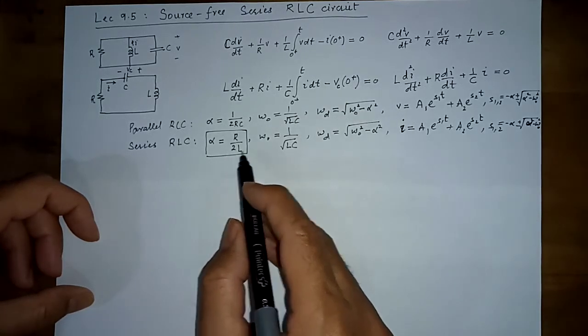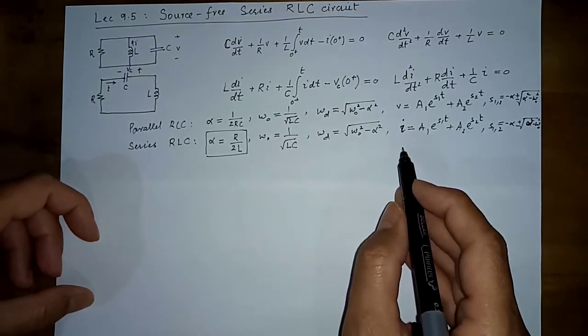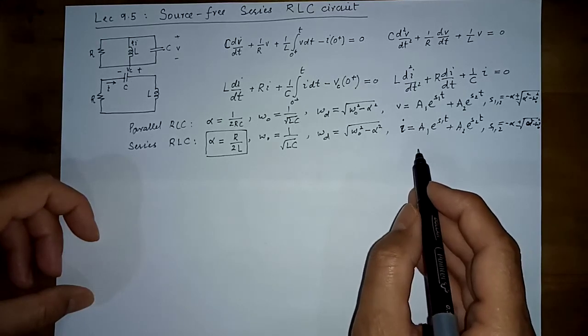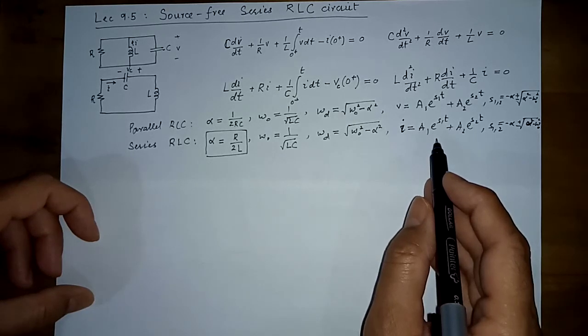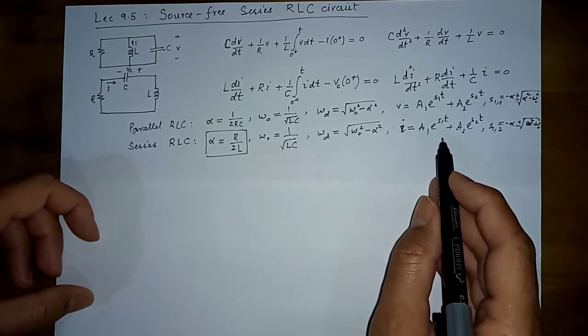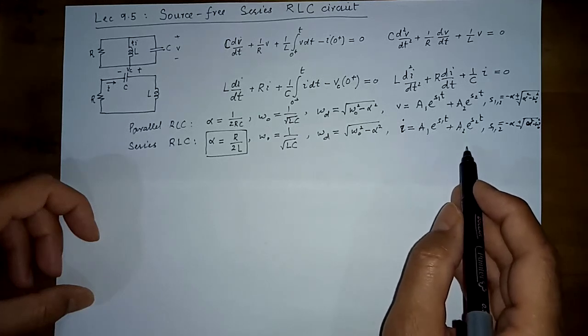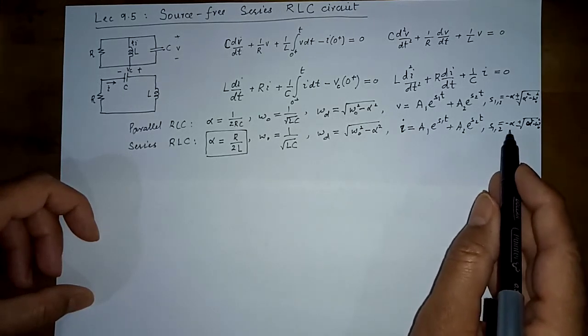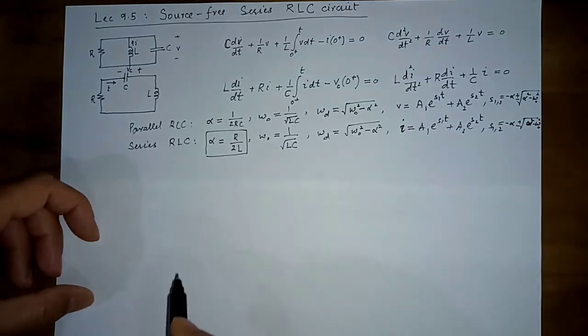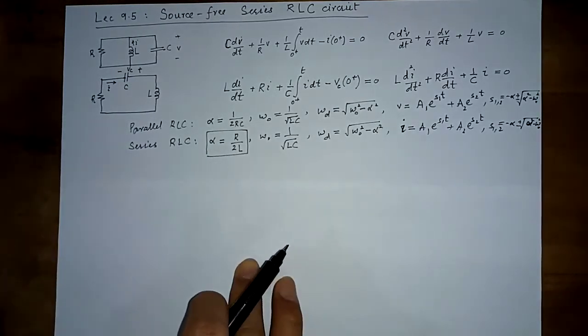If alpha and omega 0 are equal, then we are going to get I equal to A1 t e raised to the power minus alpha t plus A2 e raised to the power minus alpha t, because in that case s1,2 would be equal to minus alpha because this term is 0. That's it. That's so simple.